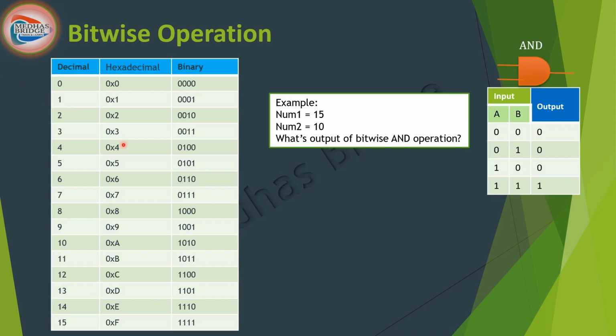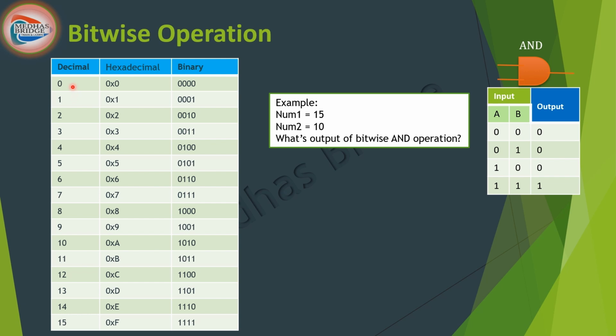I hope we all know we have the decimal number system, hexadecimal number system, binary, octal and so on. For instance, I am taking three number systems for our concept illustration. In decimal we know the numbers 0 1 2 3 4 5 6 7 and so on.